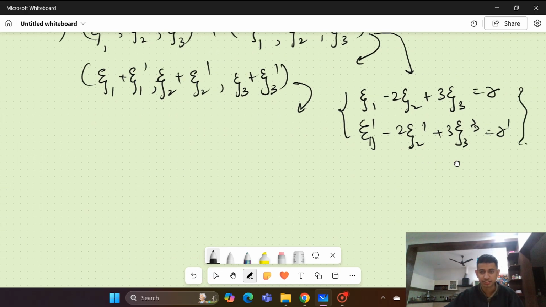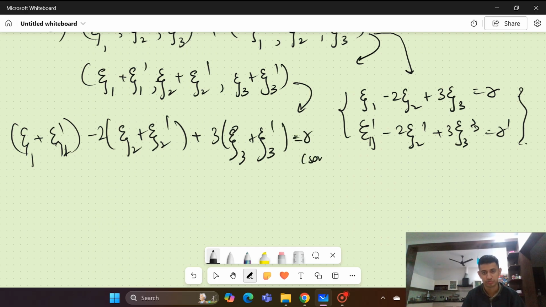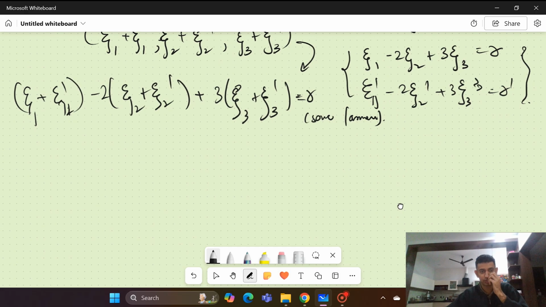Let's see if all of this is still true. So for this, the equation will look like G1 plus G1 dash minus 2 times G2 plus G2 dash plus 3 times G3 plus G3 dash is equal to some gamma. We assume. Let's show that our assumption is actually valid.